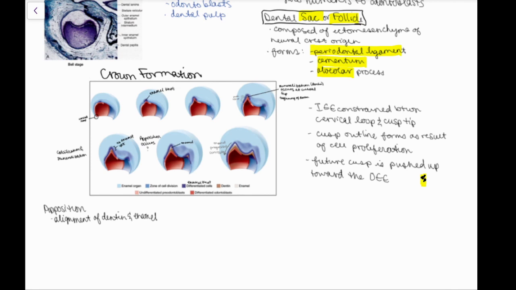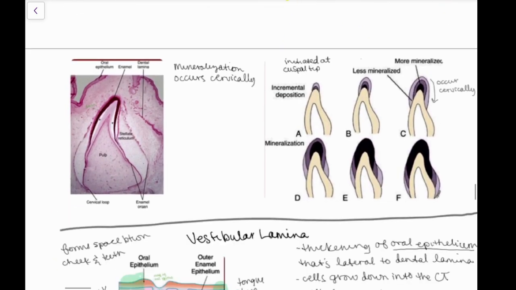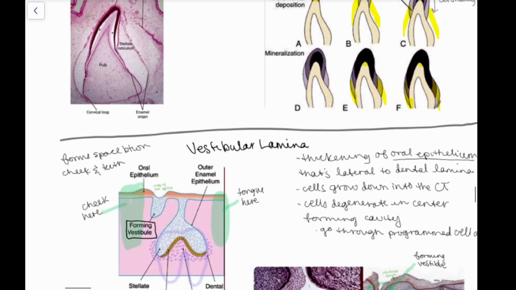It will start from that point cervically to the sides, and that gives it basically a mountain cusp shape. So once again, mineralization occurs cervically. As you can see, all the structures are growing in a downward direction, where the cusp is always non-proliferating, always at the top.